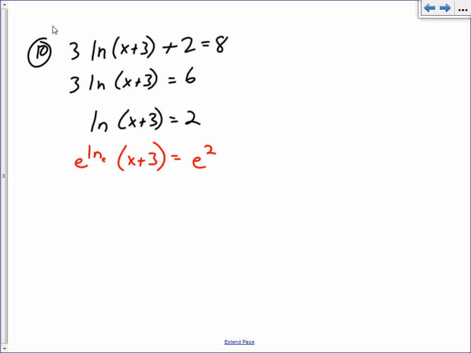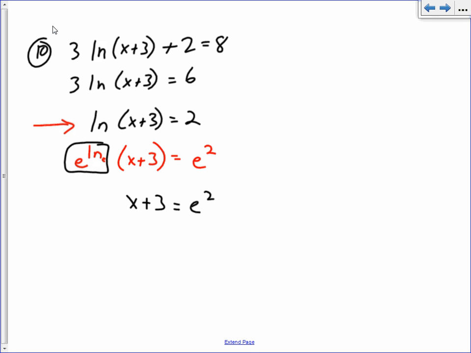But guys, the same logic that got us down to this line carries us on from here on down, because all we're doing is solving an equation. These are inverses of each other. e to the natural log of x plus 3 gives me x plus 3. That drops off up there. So x plus 3 equals e squared.